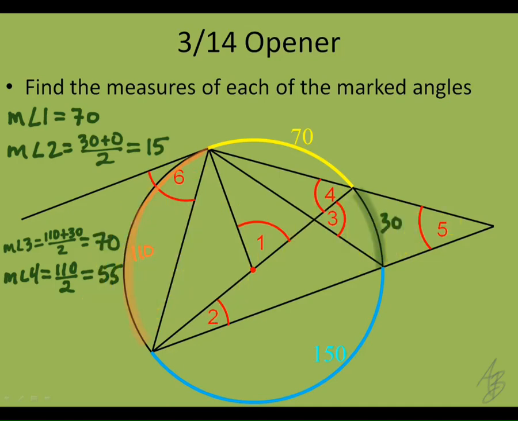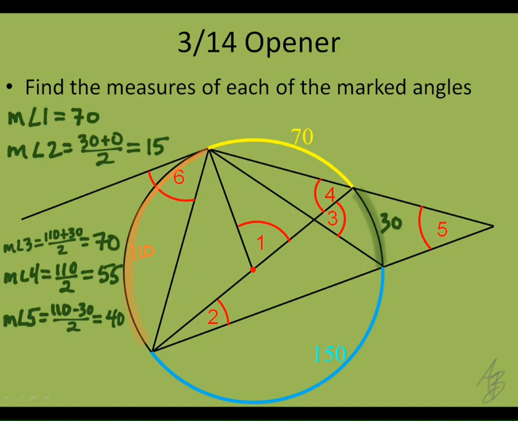Which one's going to be negative? The 30, the closer one. Exactly, Sam. So the 30 is going to be negative. So we're going to have 110 minus 30 divided by 2. 110 minus 30 is 80, divided by 2 is 40. And angle 6 is what kind of angle?